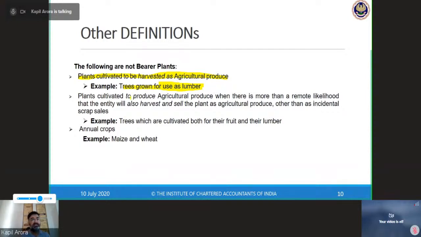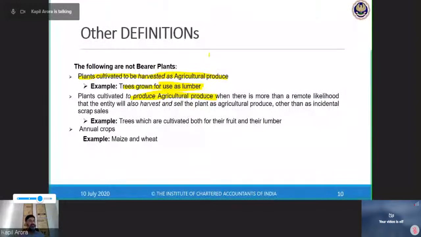Next, plants cultivated to produce agriculture produce, however which can also be sold and harvested later on.